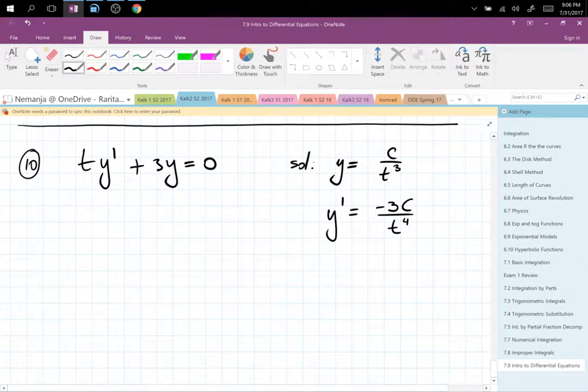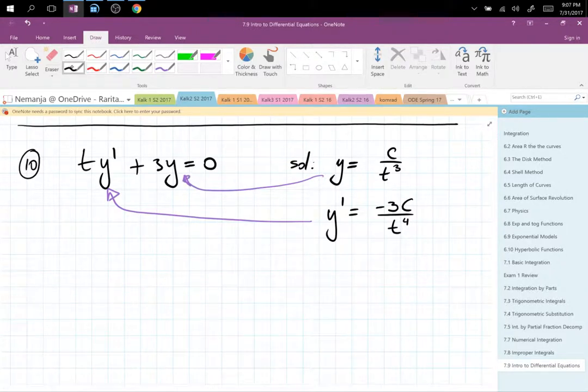You're taking the derivative. This was c t to the minus 3. You copy the constant c times negative 3 t to the negative 4. You take the basic derivative. And now you just plug this there, plug this there, and make sure they all work out to be 0.